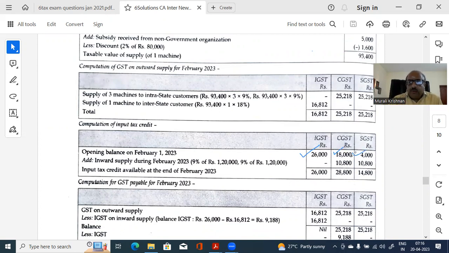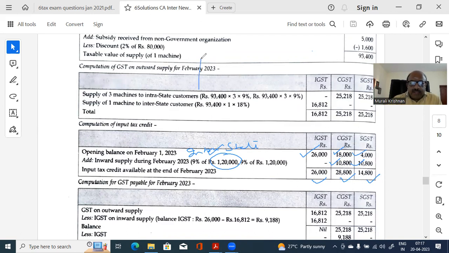That will create a problem because the opening balance is not equal. Now input, how they have done, 1,20,000 is the purchase. Out of that, 9% will be CGST because it is an intrastate purchase. So 10,000 and 10,000. Therefore, 26,000 is the IGST input there. CGST is so much. 14,000 is your SGST input.